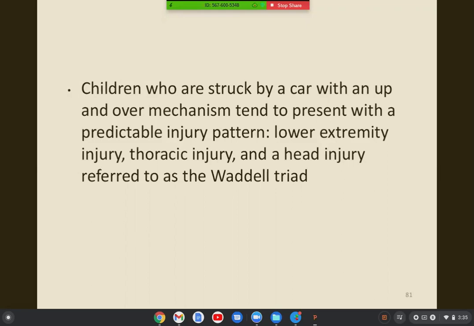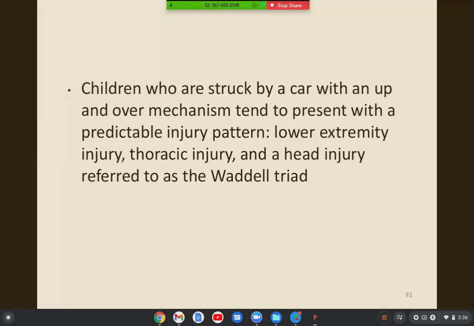Now, generally when a vehicle strikes a child, the injury pattern differs as per the size of the kid. Larger vehicles like trucks or SUVs have a high bumper and tend to strike children and drag them underneath the vehicle. Whereas a car often hits the lower extremities of a child because the bumper is low, and the child is usually thrown up and over the vehicle.